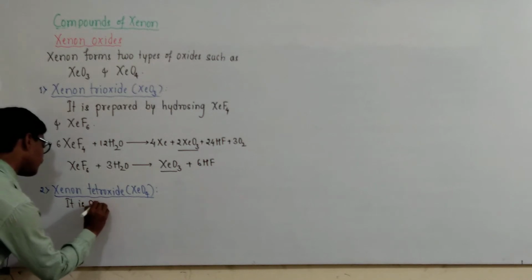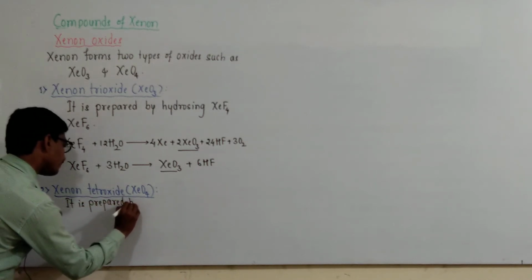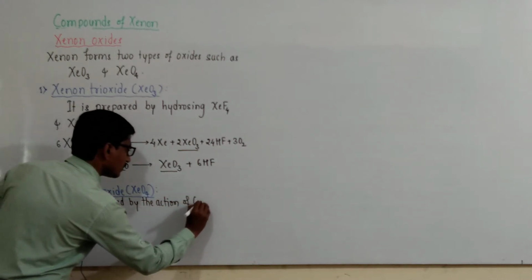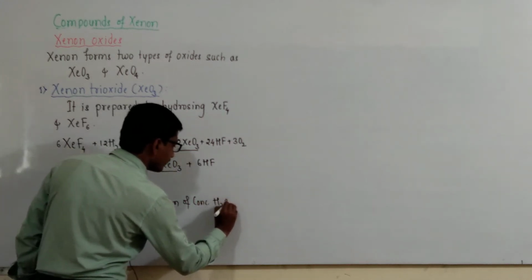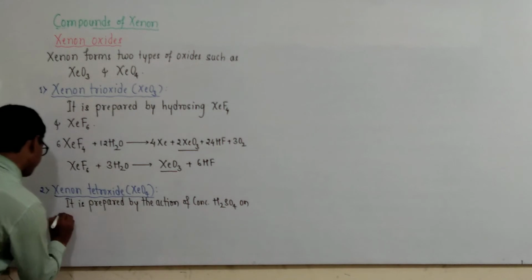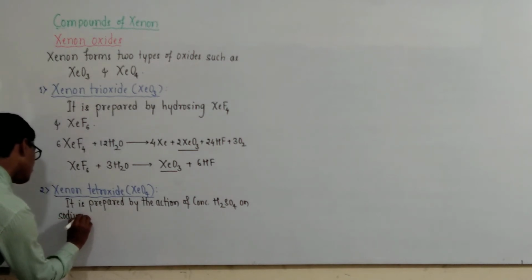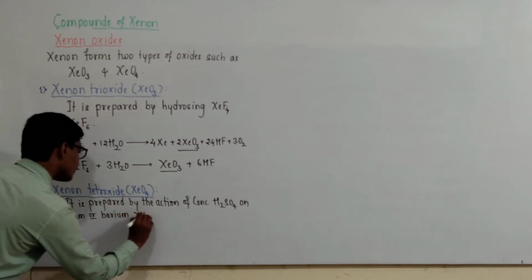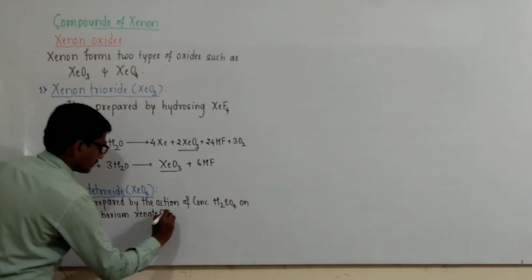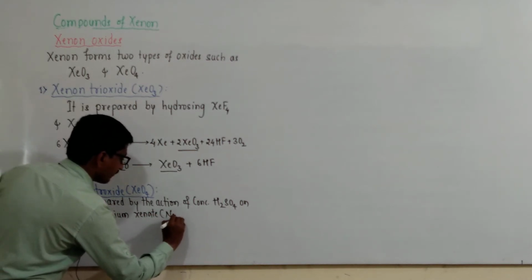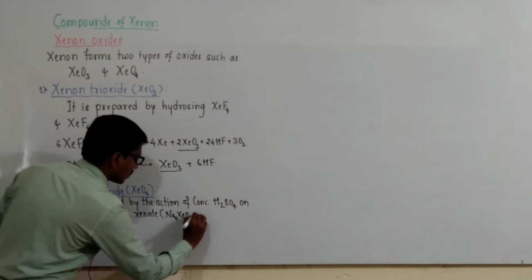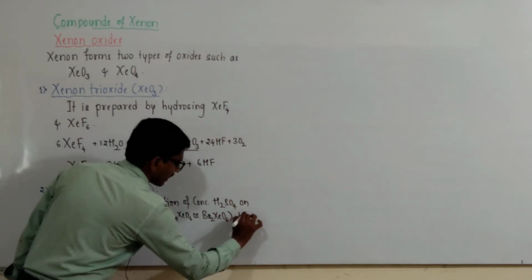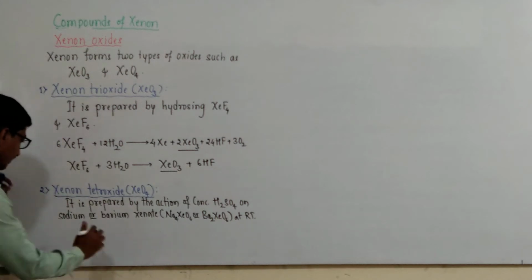The compounds are Na4XeO6 or Ba2XeO6 at RT, meaning room temperature.